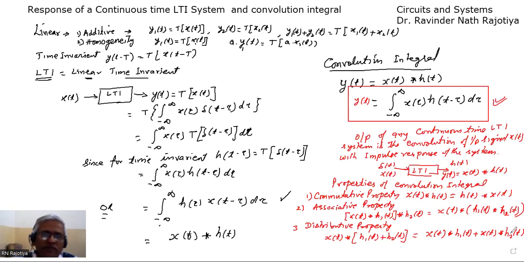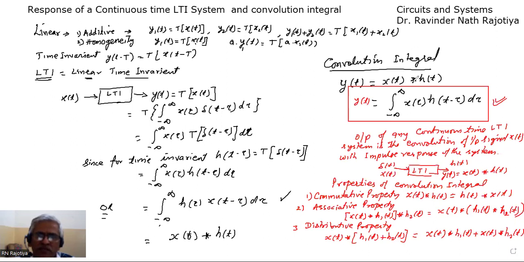In this lecture, we started with what a linear system is and what a time invariant system is. Combining these two, we form a system called a linear time invariant system. Then we saw what the response of the LTI system is.